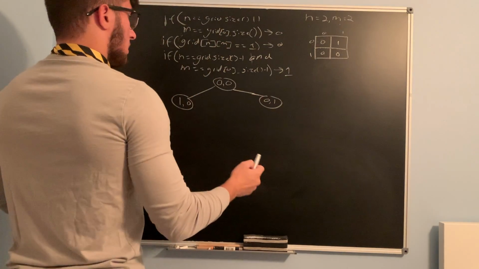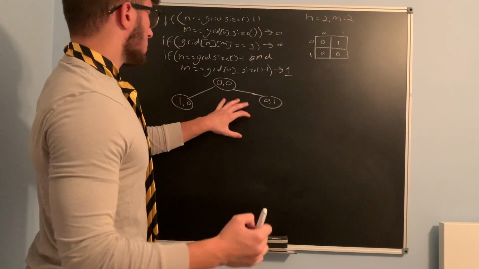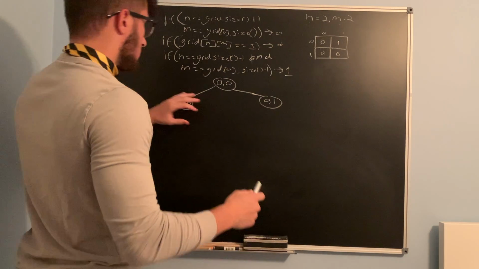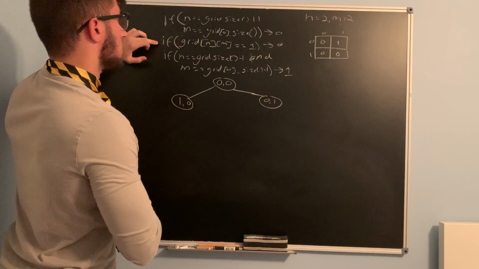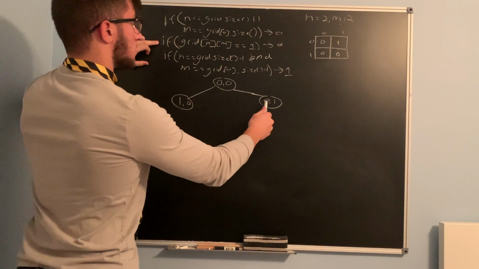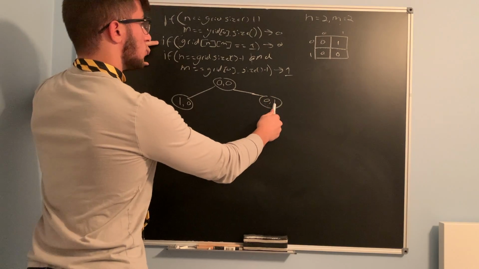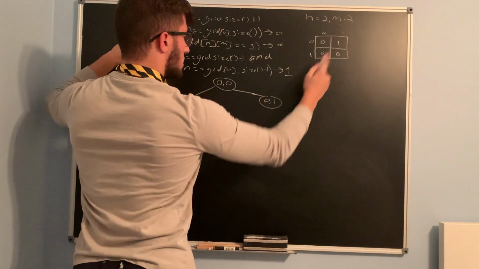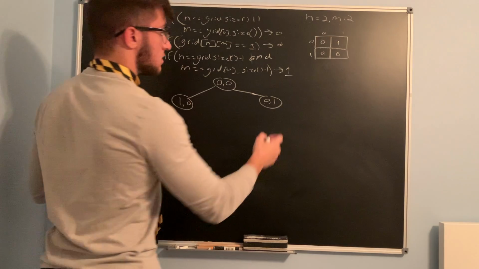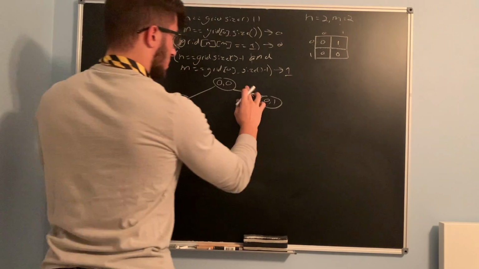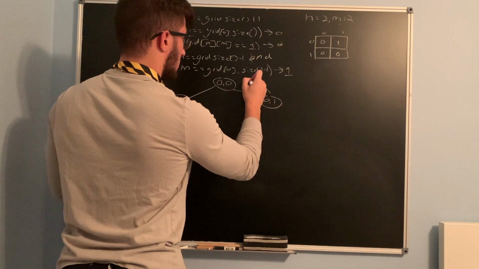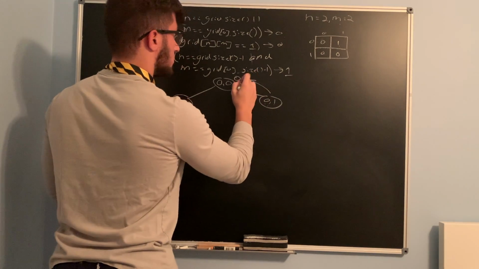Okay, and then once we do that, we check our base cases. Remember, if the grid at m, n, so if the grid at 0, 1 is equal to a 1, in this case it is, we're going to terminate right there, because that can't lead to a good path. So this would just return 0 back up to its parent.